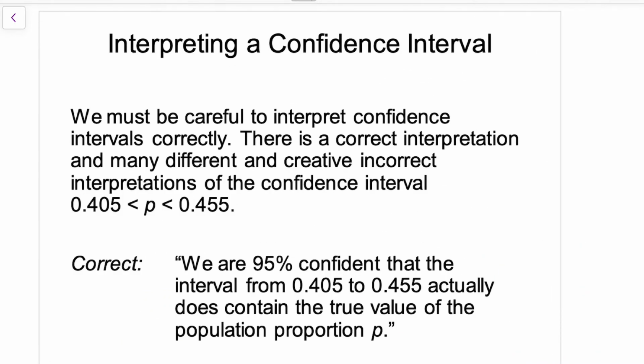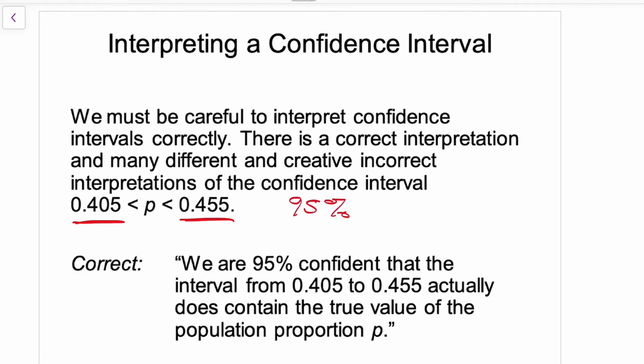One aspect of confidence intervals that is tricky is how we actually interpret them. So let's look at an example. Suppose that we're trying to estimate where a population proportion will lie, and we get a confidence interval of 0.405 and 0.455, and that corresponds to being 95% confident.